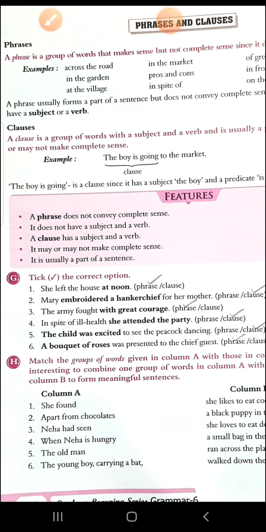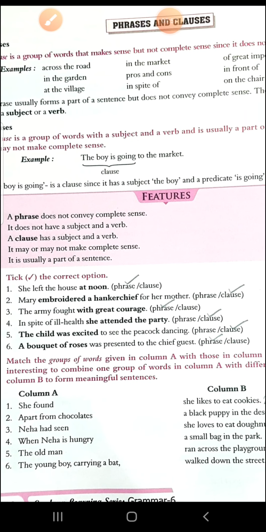So I am telling you again, just see that you have marked correctly. First one is phrase, second one is clause, third is phrase, fourth is clause, fifth is clause, and sixth is phrase. I hope you have understood this exercise and done it correctly.